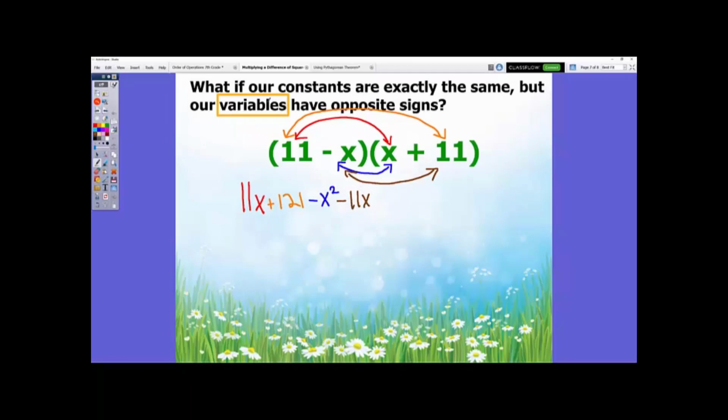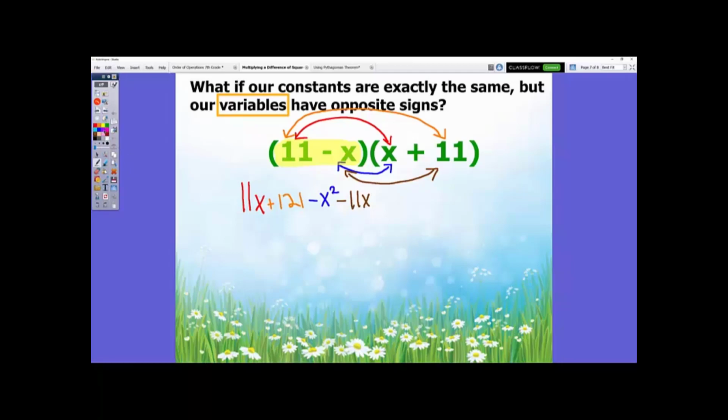Now, because this first binomial was not written in its most proper form, you can see the constant in this binomial is in the front when it should be in the back. That means the terms of our answer are shuffled and out of order.